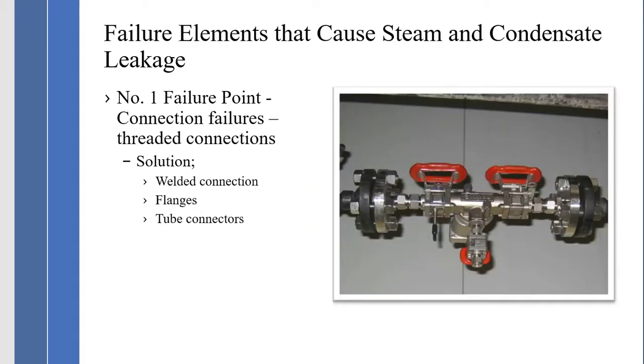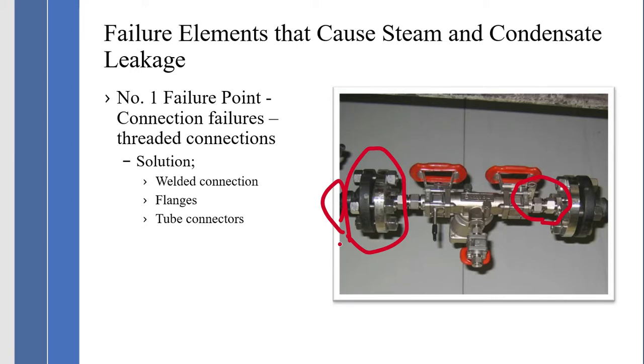And people always ask, how do I get around these failure points? Well, instead of threaded connections, we do welded connections, flanges, or tube connectors. Here's an example of what we can do in the system. So we have flange connections here, welded connections here, and tube connections here. People say, why use tube connections?